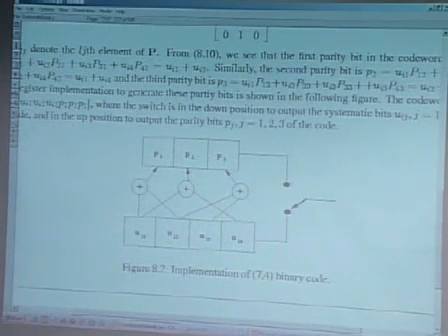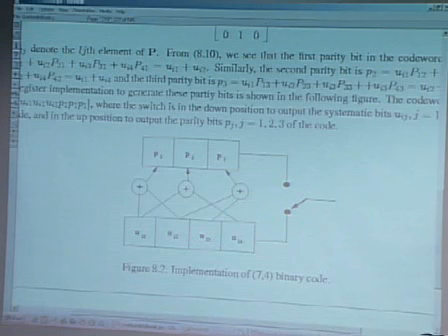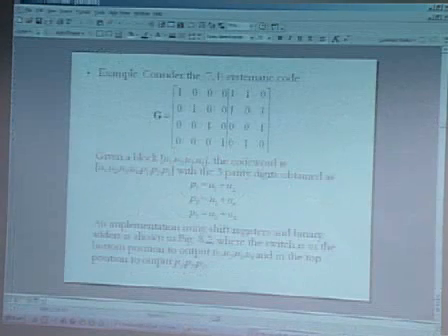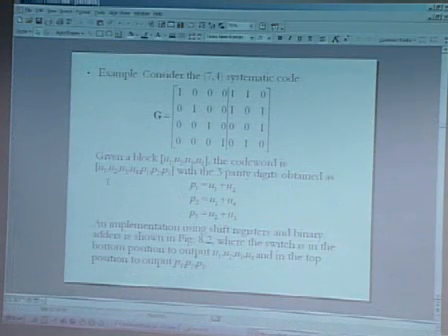We have our 4 information bits, U1, 2, 3, 4. Just ignore these I's, I don't know what this means. These go automatically outside. You have a switch here. First, you let these 4 go out. And then you toggle the switch to the up position, and you get the parity bits added onto those.